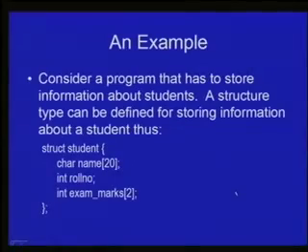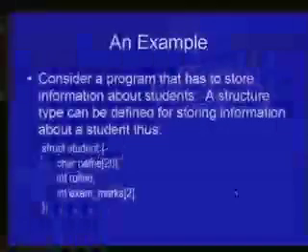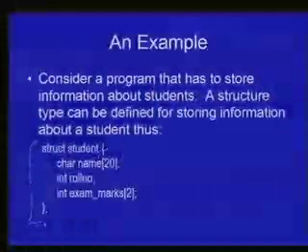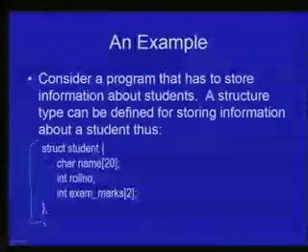So let's consider a simple example where we might want to use structures. Suppose we are writing a program that is maintaining student records, and so we need to maintain various pieces of information about every student. So we could define a structure for storing the information about a student, and the structure declaration might look like this.